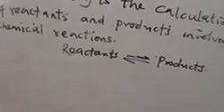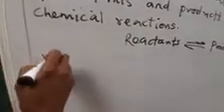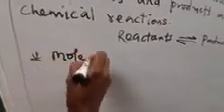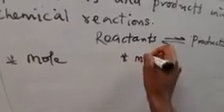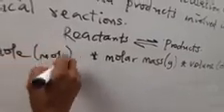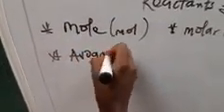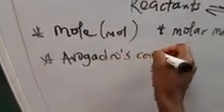Now, before we go forward, there are some terms we need to familiarize ourselves with. First, we have mole, molar mass, then we also have Avogadro's constant.